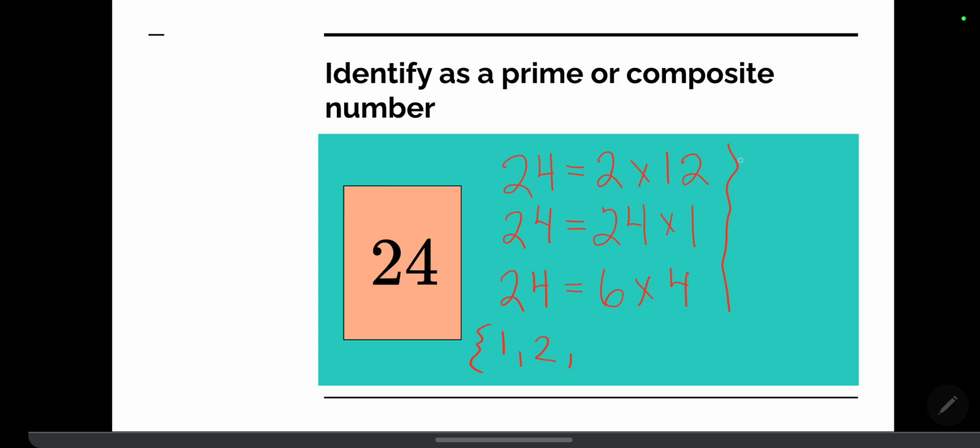I sure did. 24 is also a multiple of 3 times 8. So our factors are 1, 2, 3, 4, 6, 8, 12, and 24 itself. Wow, that's a lot of factors here. We have 1, 2, 3, 4, 5, 6, 7, 8 factors of 24. Yes, indeed, that is a composite number.